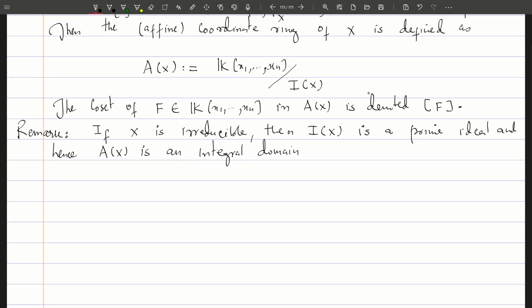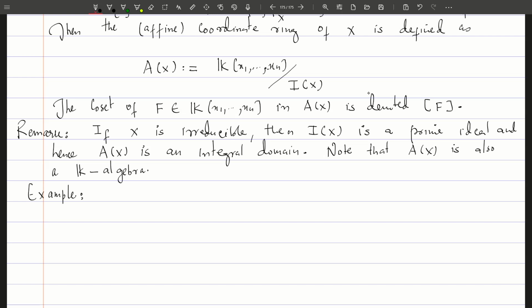Note that A(X) is also a K-algebra. Let us do some example.